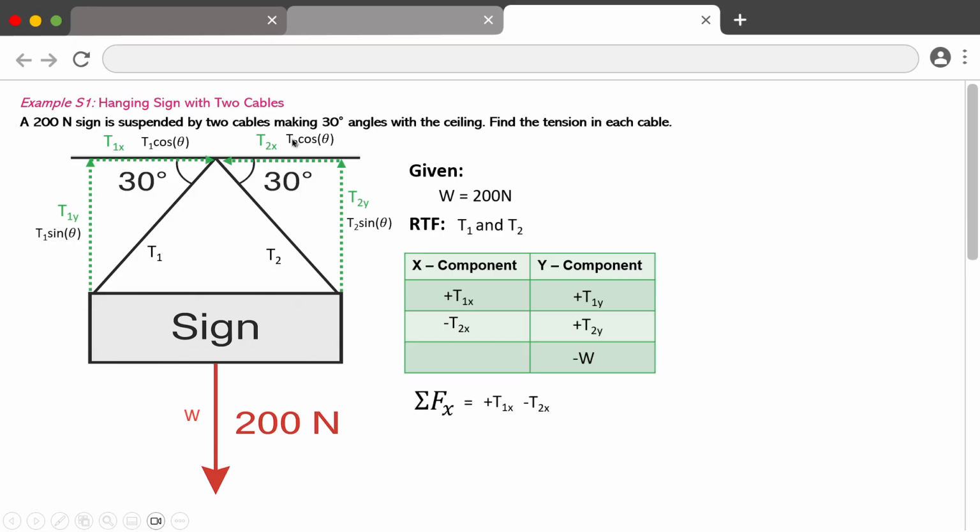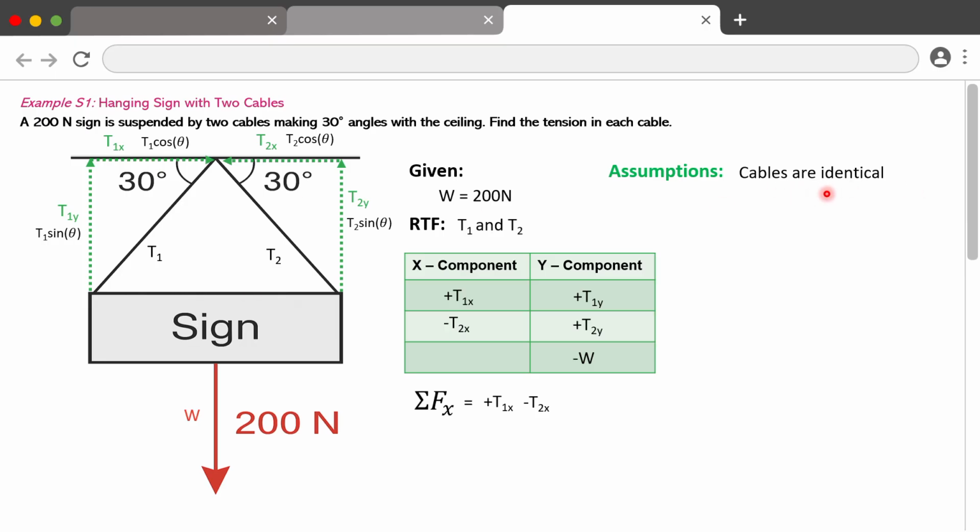So we still have two variables, T1 and T2. That's why we will make an assumption. Let's assume that the cables are identical. This would mean that the ceiling exerts the same tension force along this cable and along this cable on the sign, because the tension force depends not just on the force that is being pulled, but also on the material.